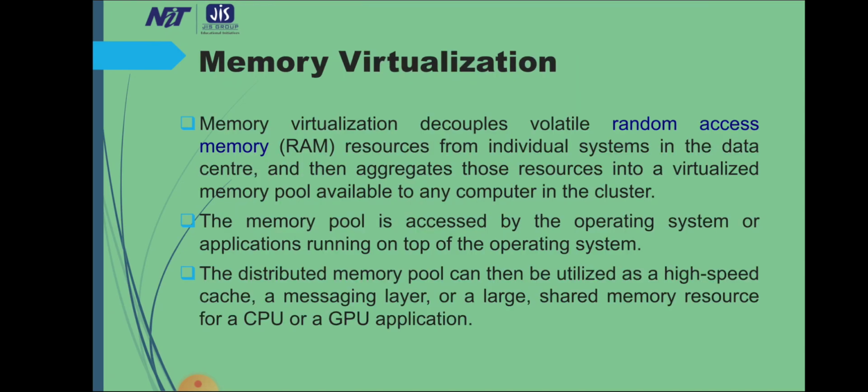Next is memory virtualization. Memory virtualization decouples volatile random access memory. It is similar to virtual memory support provided by modern operating systems. In a traditional execution environment, the operating system maintains mapping of virtual memory to machine memory using page tables, which is a one-stage mapping from virtual memory to machine memory.